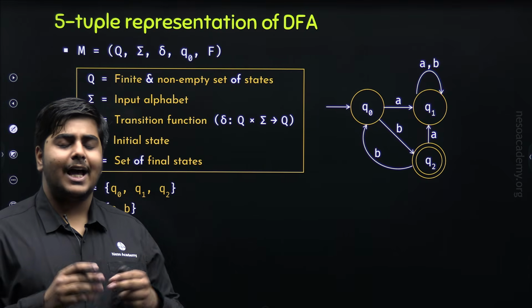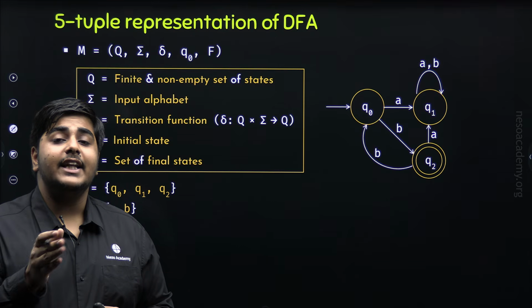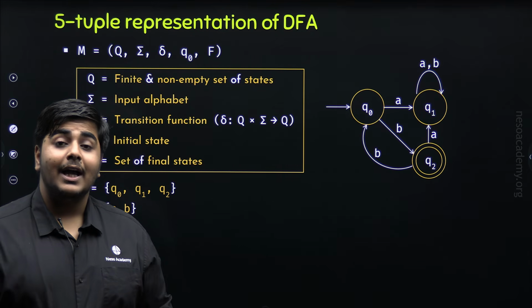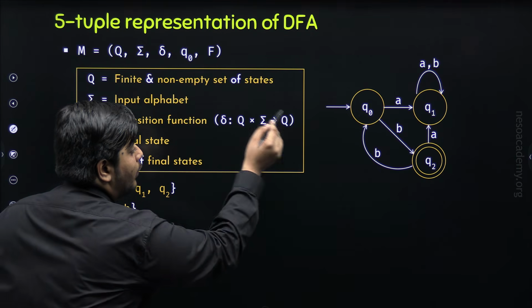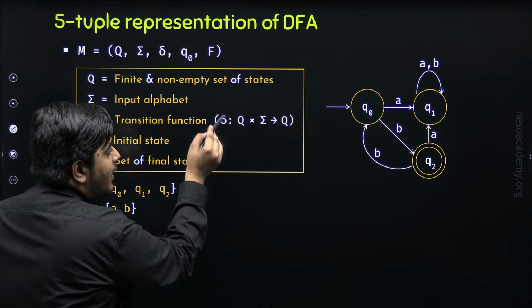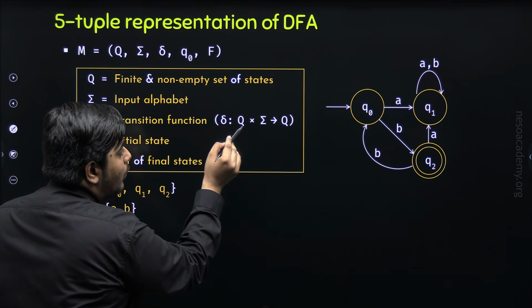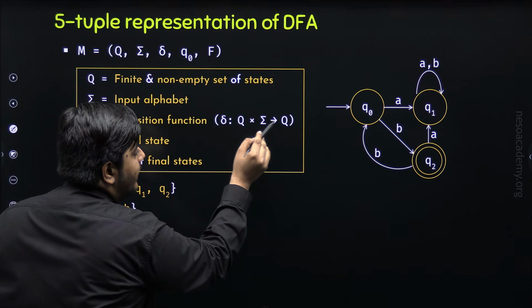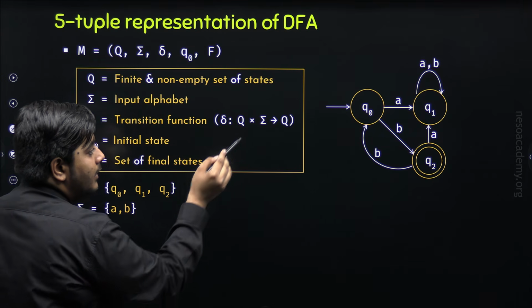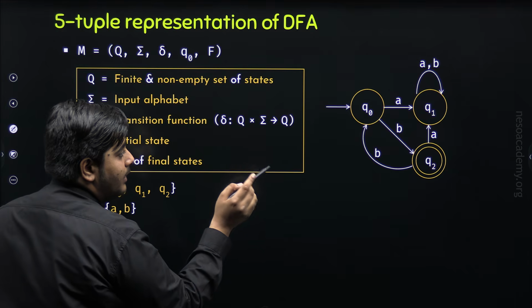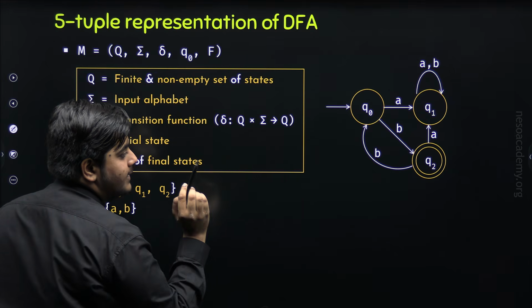The transition function, as I have already told you, is the collection of transition rules. And a transition rule can be represented in the form of this equation. Transition function delta: Q cross sigma gives us Q. The first Q is the current state, sigma is the input symbol, and the last Q is the next state.